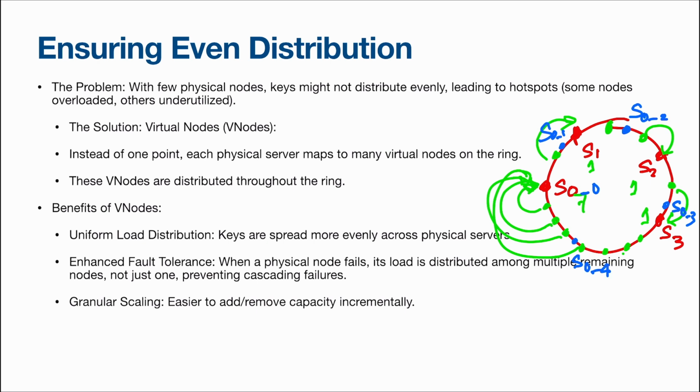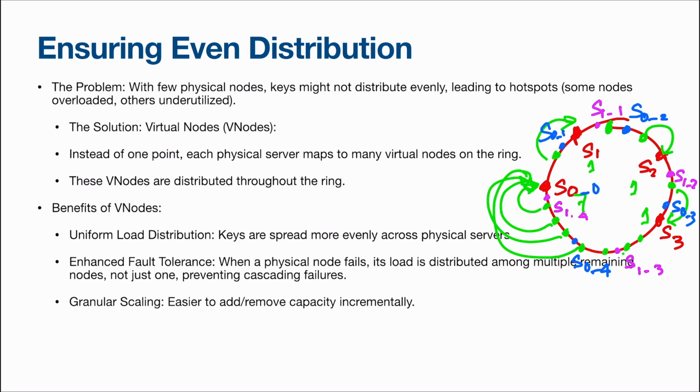And similarly for S1, we do something like that. We have S11, S12, S13, S14. And in this case, what are we doing? We are keeping multiple copies of the hash of the same server identifier or key on the hash ring.